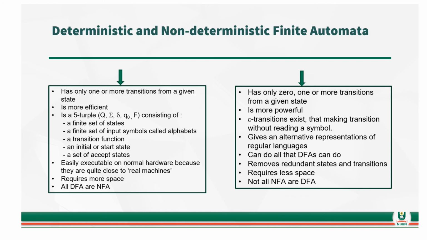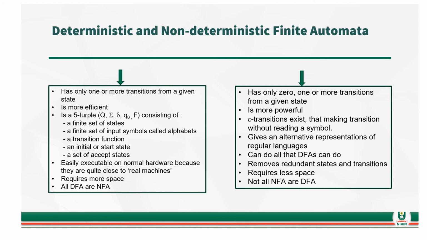We see that deterministic is more efficient. A deterministic finite automaton is a 5-tuple. It consists of a finite set of states, a finite set of input symbols, a transition function, an initial or start state, and a set of accept states.